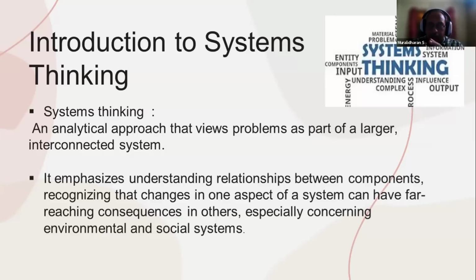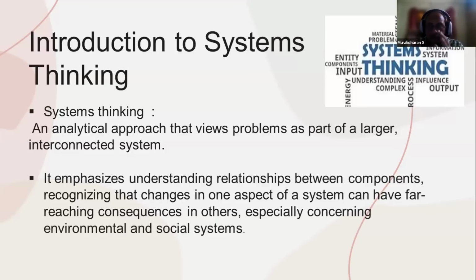It is not only interconnected but it is complex, where an adjustment somewhere may create havoc or a problem elsewhere. So this is something to be managed, to see to it that the system thinking is in a position to deliver the results. It emphasizes understanding the relationships, recognizing that changes in one aspect of a system can have far-reaching consequences in others, especially concerning environmental and social systems.